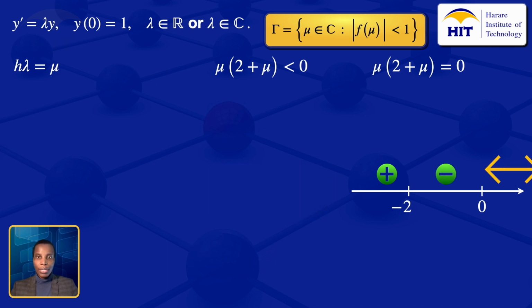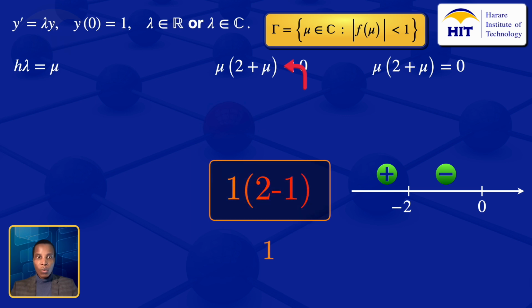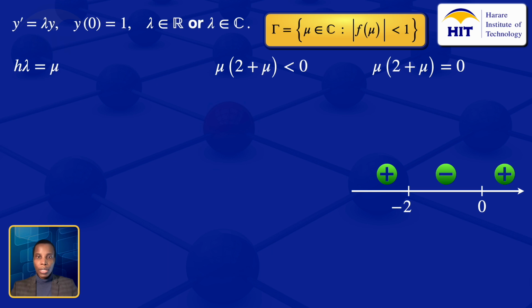Then we look at this region now going to infinity. We can take any number. We can take a 1. So we substitute it here, so that we have 1 multiplied by 2 plus 1, which gives us a positive value. So we are saying in that region it will be positive. But what you are saying here is it's less than 0. So the correct answer is this one, where we have a negative.